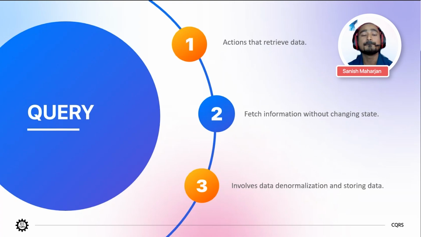It should not make any changes in the database. Its only job is to retrieve whatever is there in the database. That is it. So it involves data denormalization and storing data. That means we need to maintain the read database in such a way that whenever we fetch data from the database, it is much more efficient and the data comes much faster.